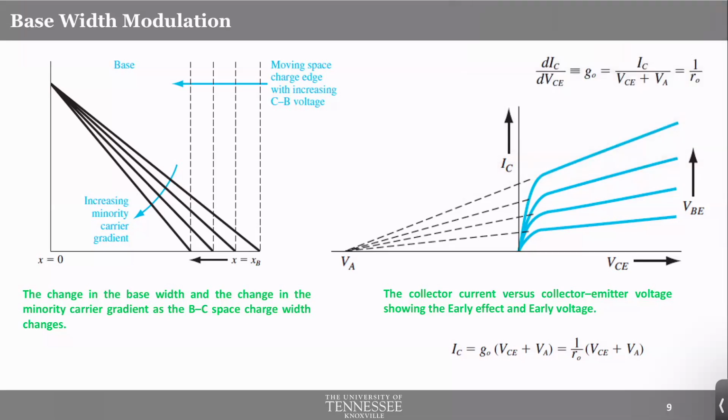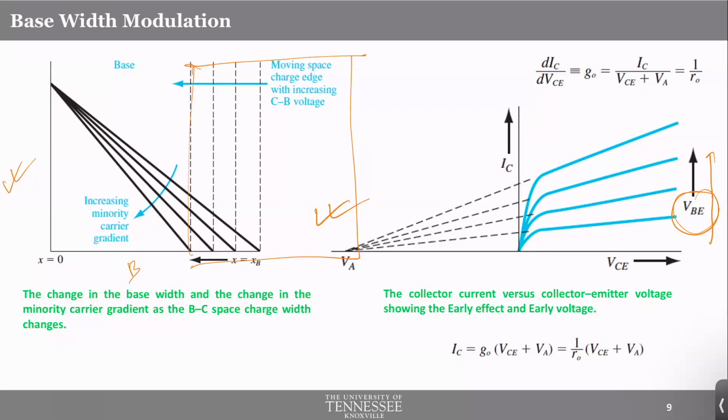An easy explanation, and I'm going to give you a high-level quick explanation for that. Imagine you have the emitter, which we are not drawing properly, and you have the collector here, and in between you have the base. So in the base collector junction, as you are changing the collector emitter voltage, the voltage across the collector base junction also changes.